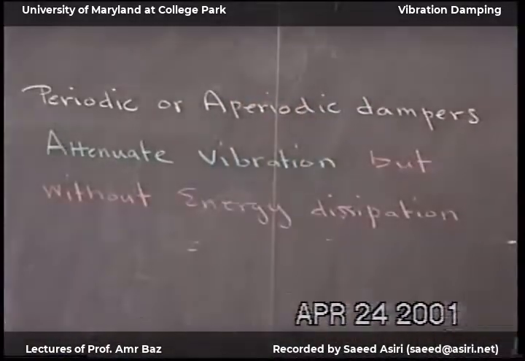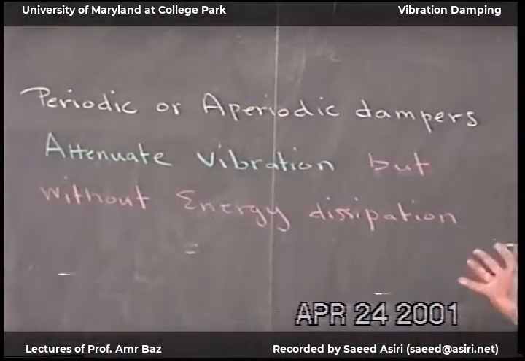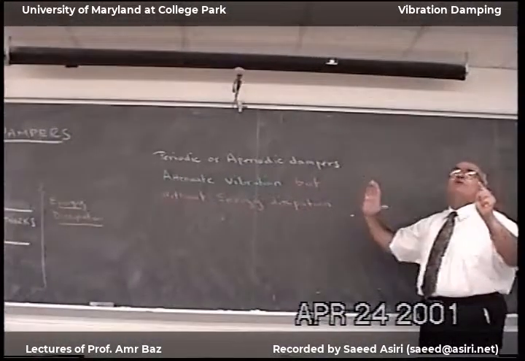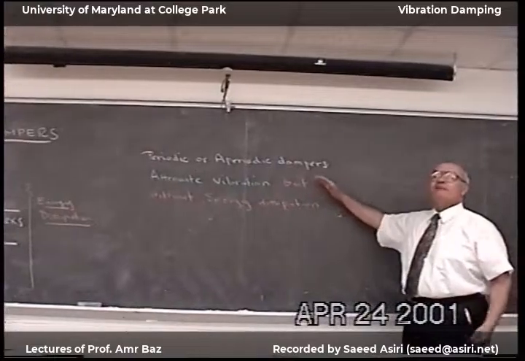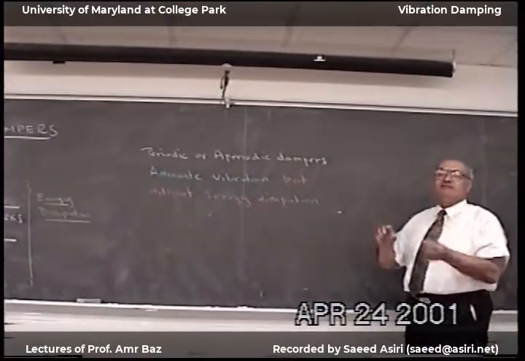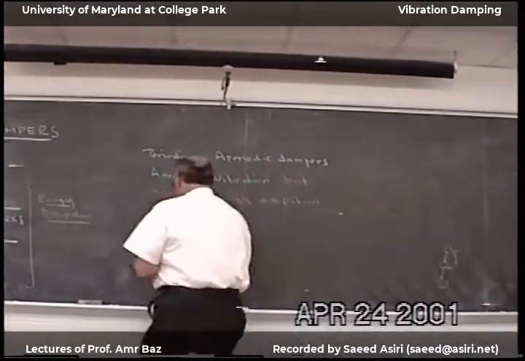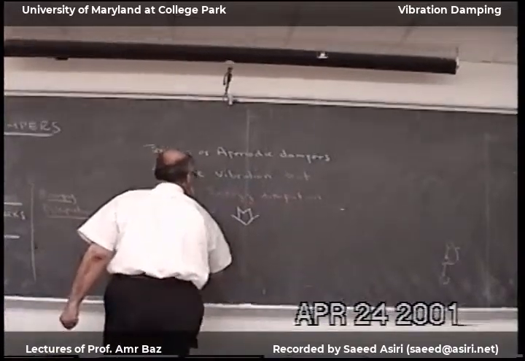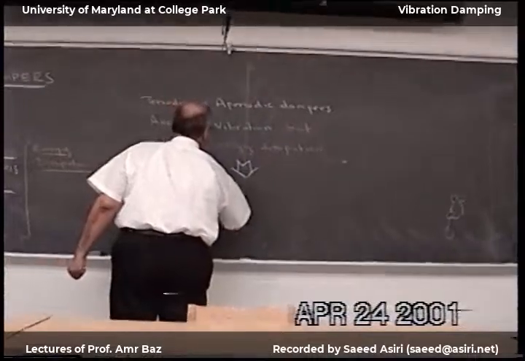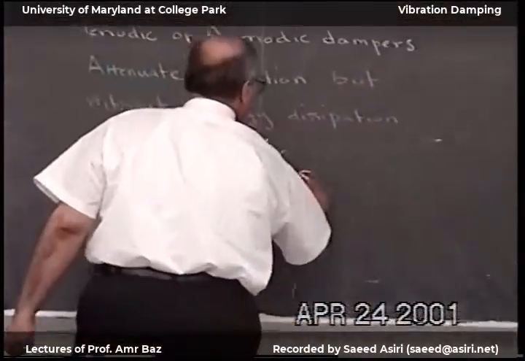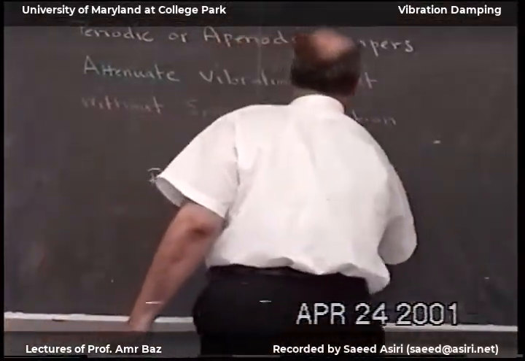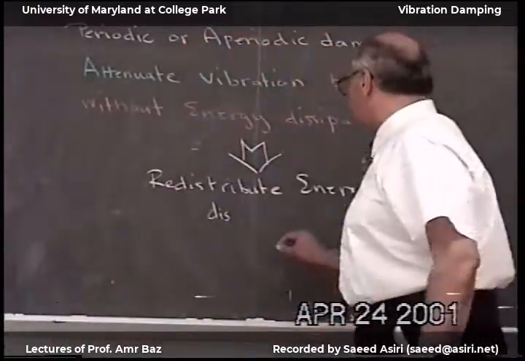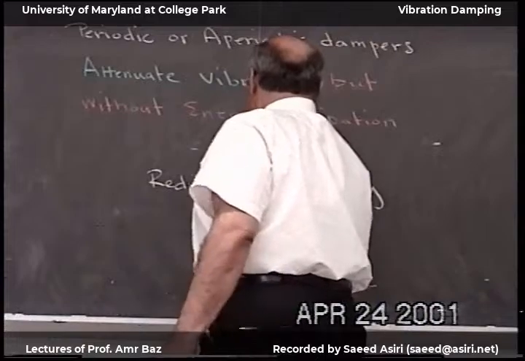What this means is we will redistribute the energy along the system, because the energy of the entire structure will remain the same because there's no energy dissipation, but I will redistribute it. So here, redistribute the energy distribution, the spatial energy distribution.